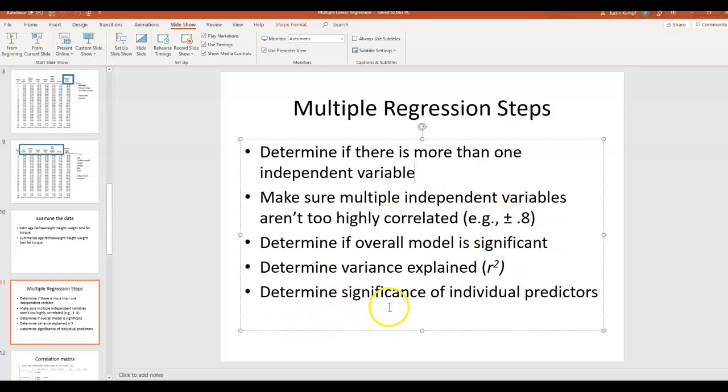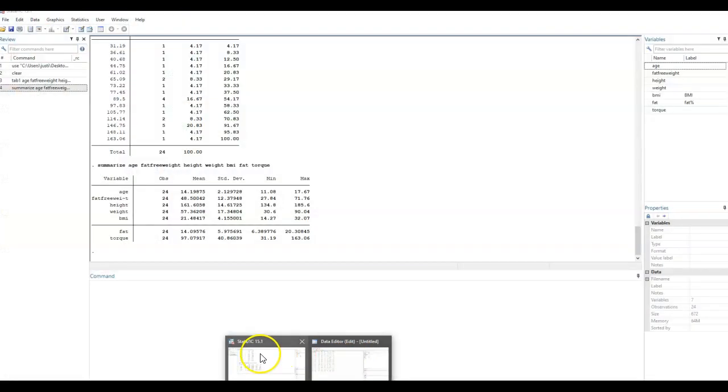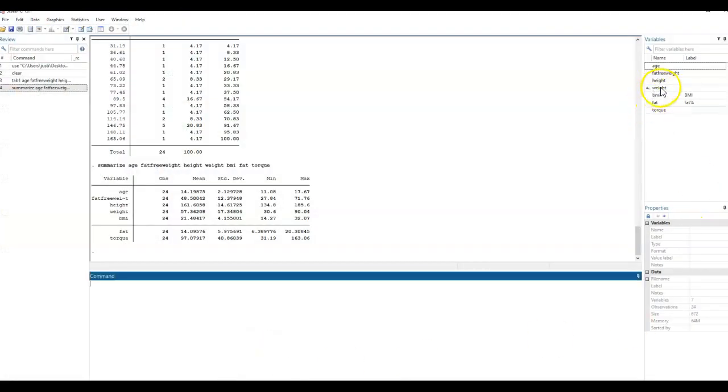The reason is that we don't want our independent variables basically explaining each other. If we had a variable such as BMI and also weight, we might say that weight explains 90% of the variance in BMI. Adding both to a prediction equation would basically be redundant, so we want to make sure they're not too highly correlated.